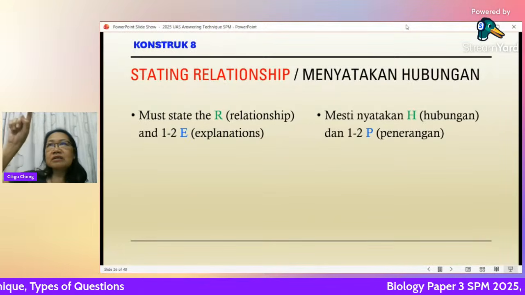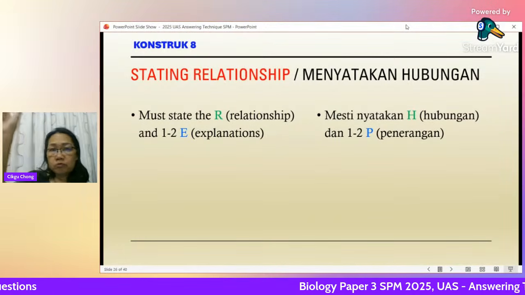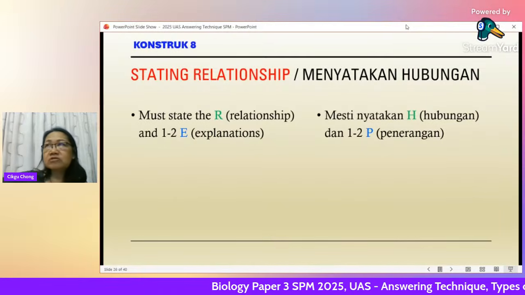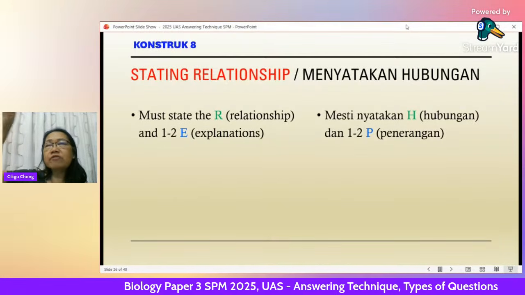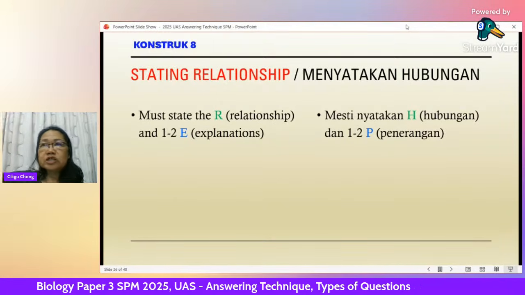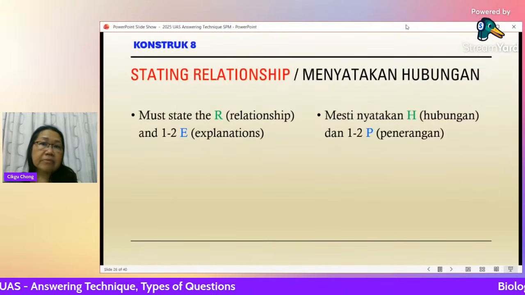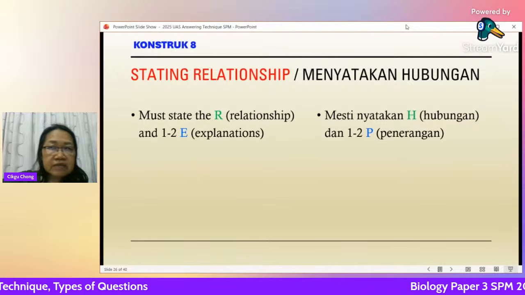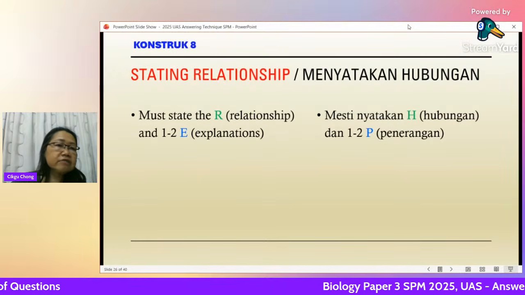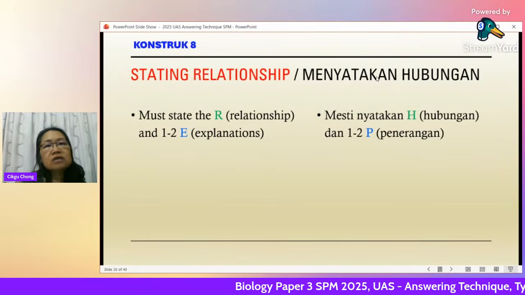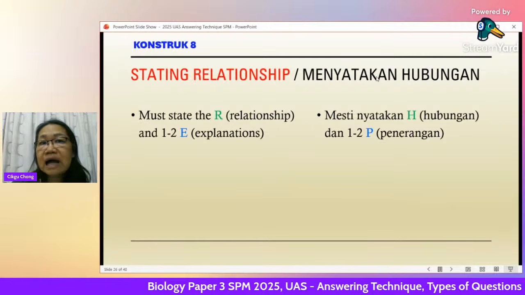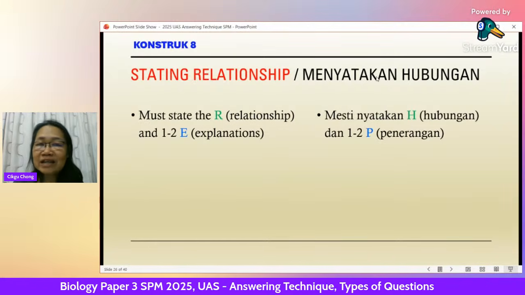Graph of Y against X, right? What is Y? Graph of rate of reaction of enzyme against concentration of enzyme. But usually it's given in the paper. If it's not given, please write it. You want to make sure you get your A plus, isn't it? Don't leave anything to chance.